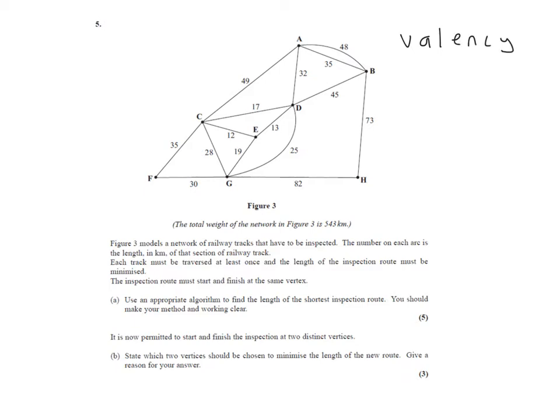So if we think about the vertices here, then the valency of A is 4. That's because there's 4 tracks coming out of A. 1, 2, 3, 4. The valency of B is also 4. The valency of C is 5, and so on.